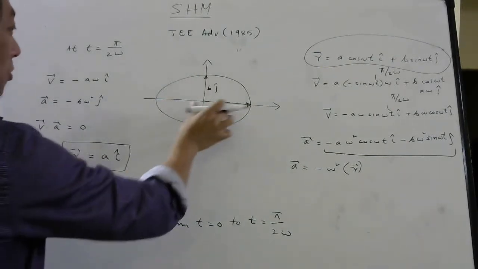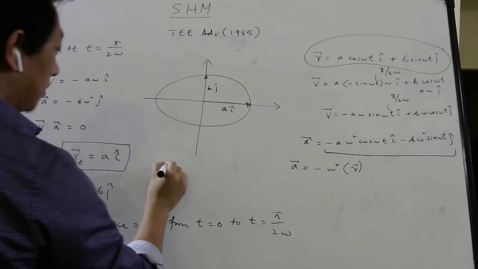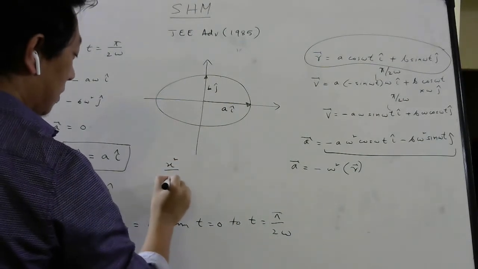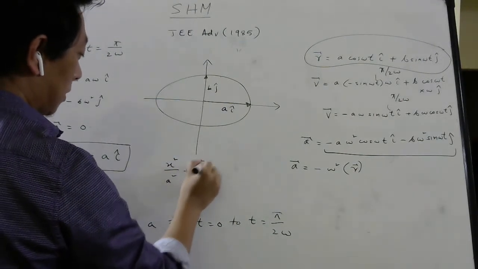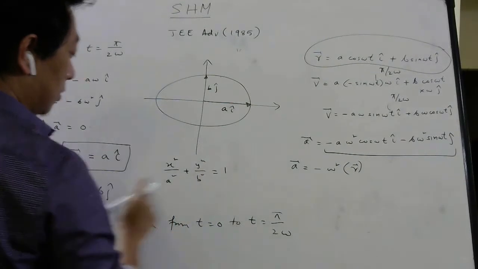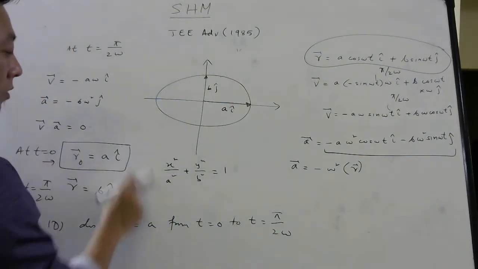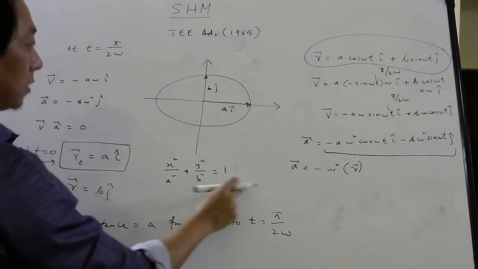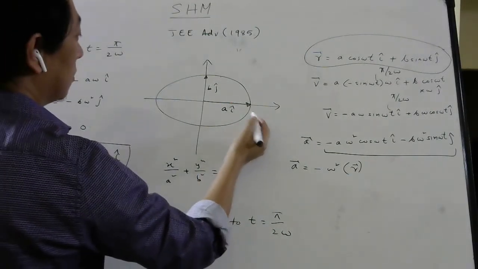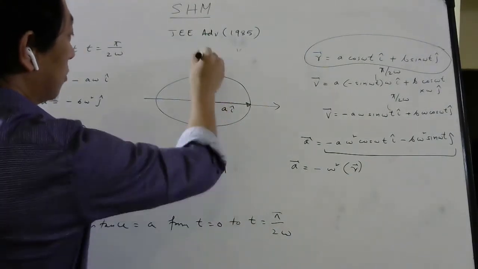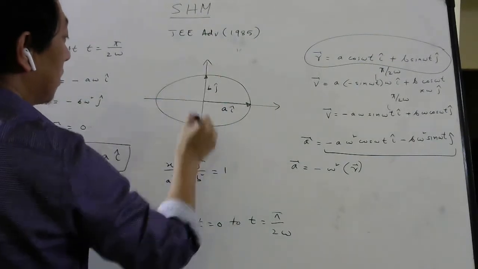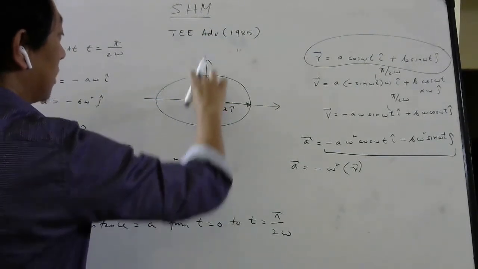I hope you understood why this is a and this is b, right? Because your equation was x squared by a squared plus y squared by b squared equal to 1. So when x is 0, this whole term is 0, then y will be plus or minus b. When x is 0 means this line, y is either b or minus b. So this length or this length is b.